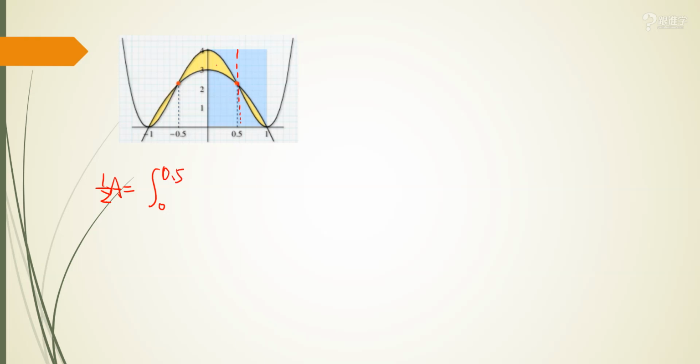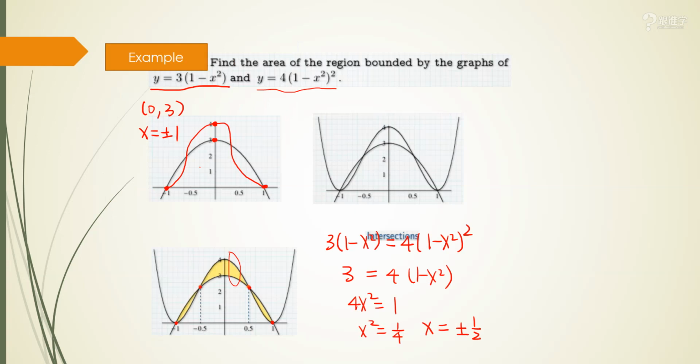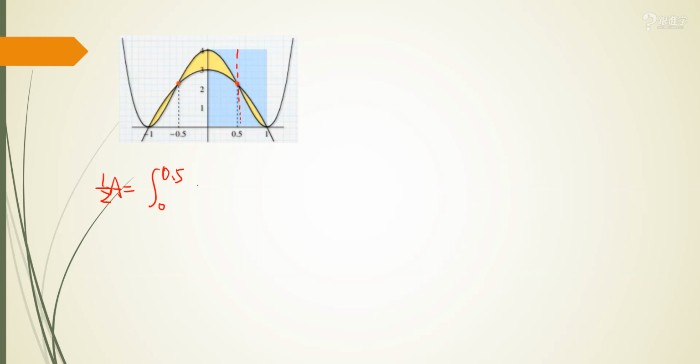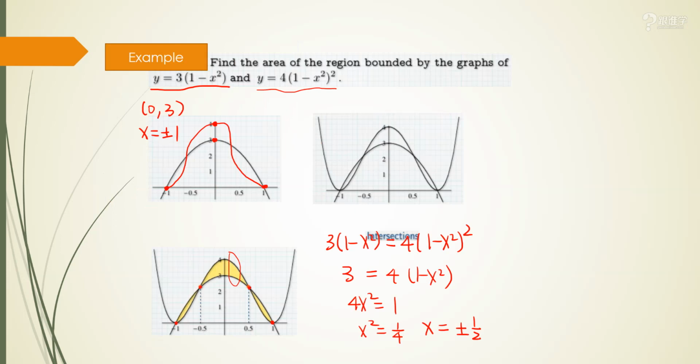And the area differential is going to be, let me just take a look, 4 times the square of (1 minus x squared), this is the top curve, minus the bottom curve. The bottom curve is going to be, just take another look, 3 times (1 minus x squared).